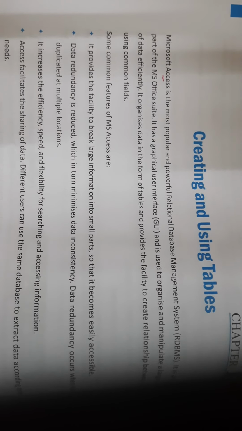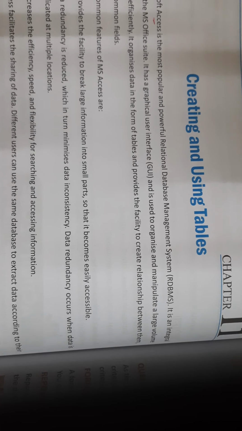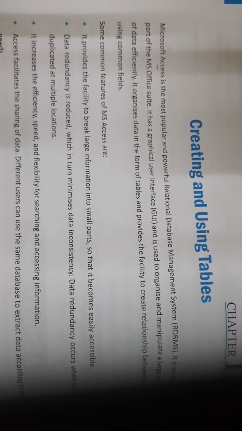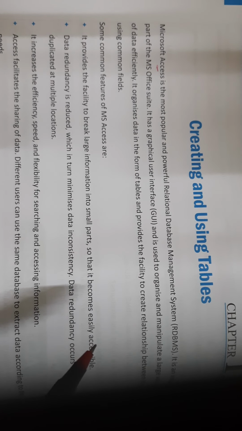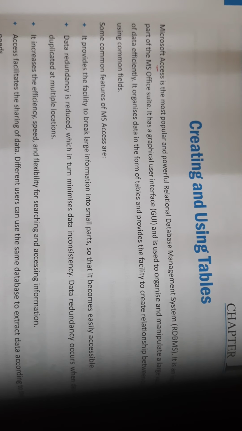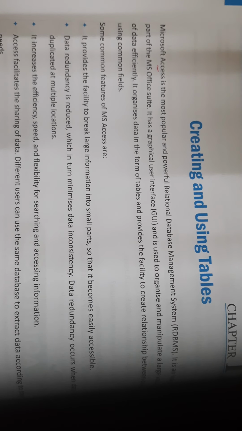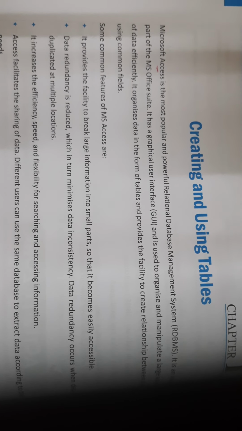Some of the common features of MS Access are: it provides the facility to break large information into small parts, so that it becomes easily accessible. Data redundancy is reduced, which in turn minimizes data inconsistency that occurs when data is duplicated at multiple locations. It increases the efficiency, speed and flexibility, and it facilitates sharing data.